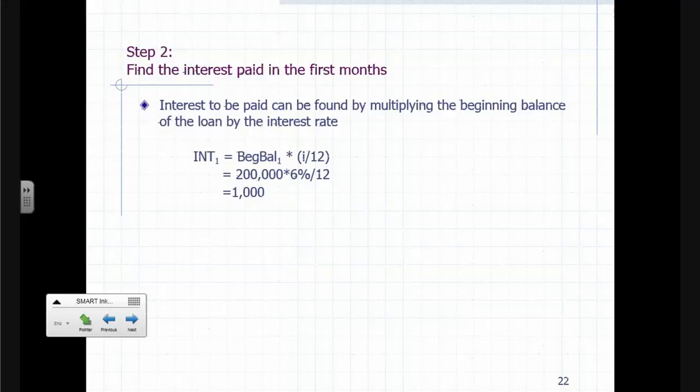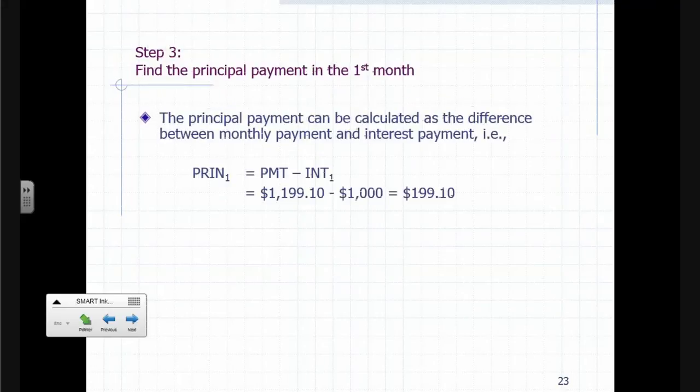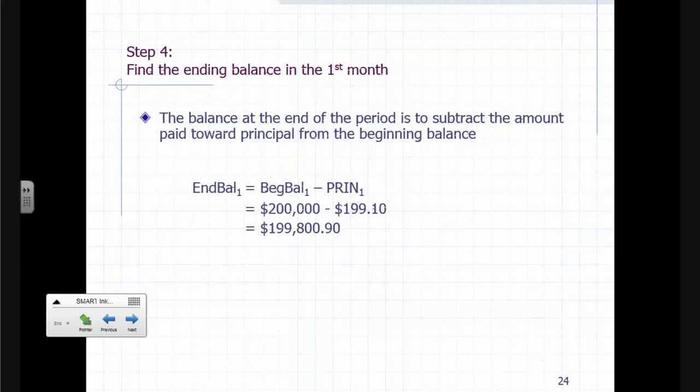Now this actually I did the amortization table. So now it's the second step. That's the amortization table. Because you know that first month interest is $1,000, the difference between your monthly payment and your interest payment in the first month is the principal payment for the first month. So that basically is the amortization table.